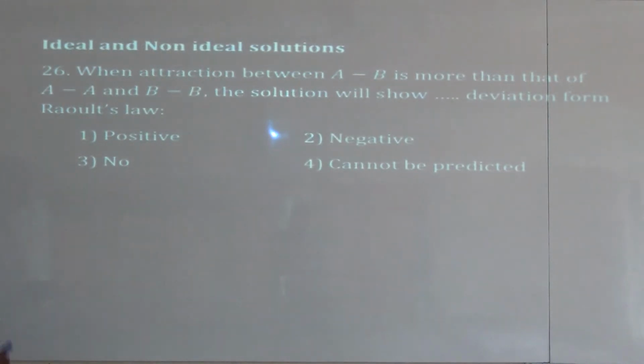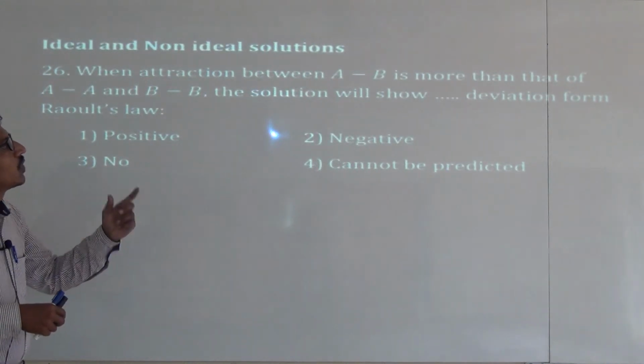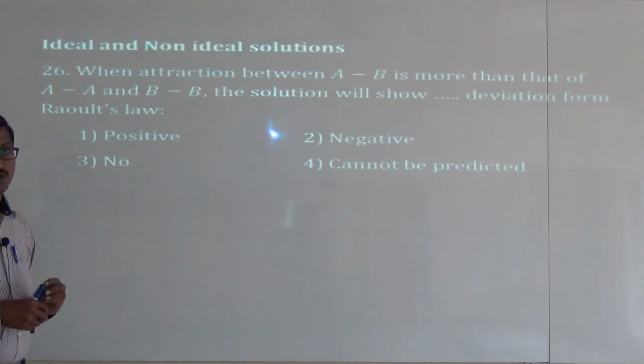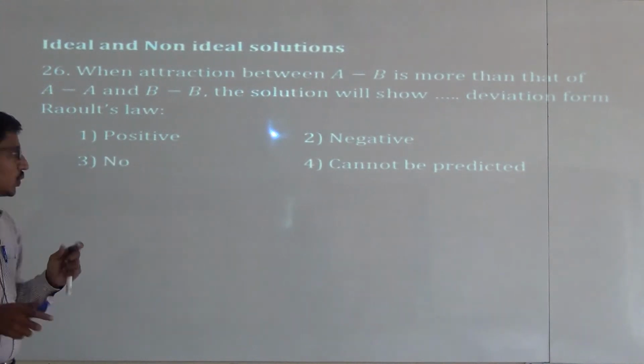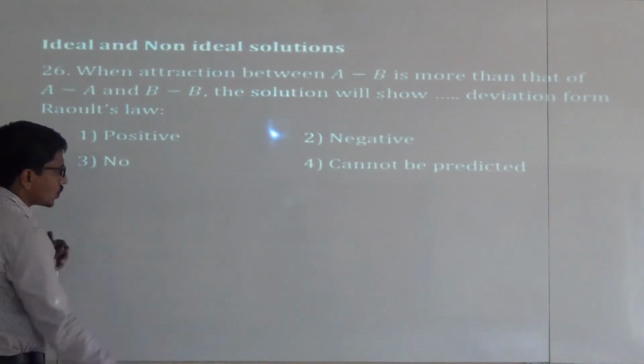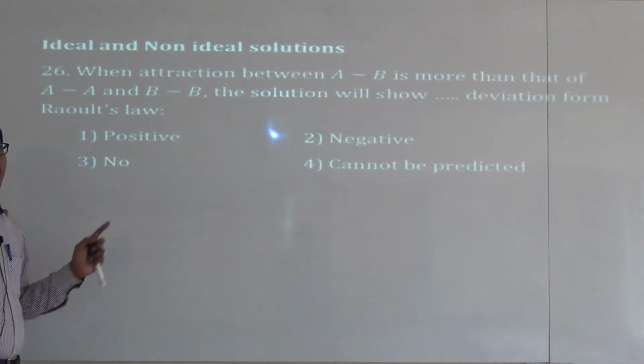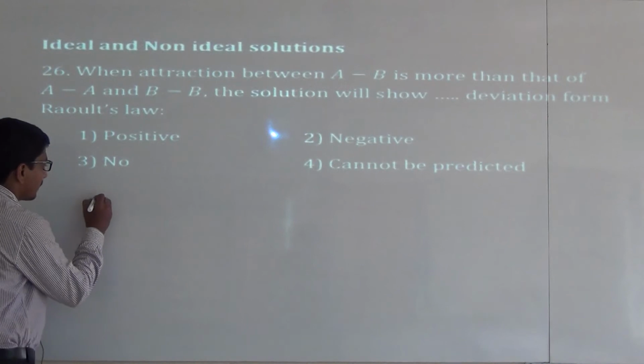Next question is based on ideal and non-ideal solutions. Question is, when attraction between AB is more than that of AA and BB, the solution will show deviation from Raoult's law. Which deviation? It may be positive or negative. In solutions showing positive and negative deviations, the attractive forces are different.